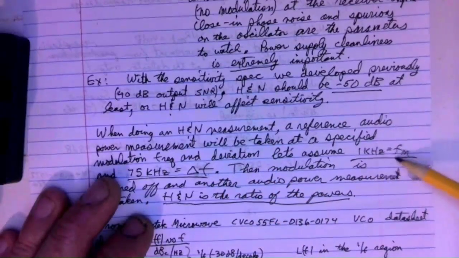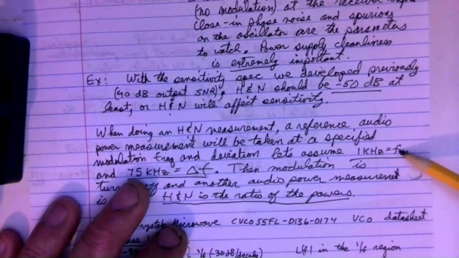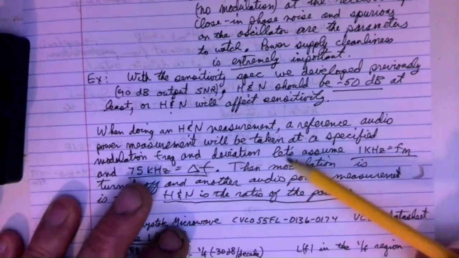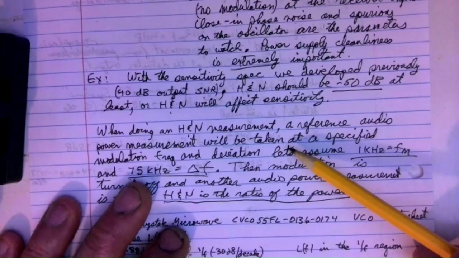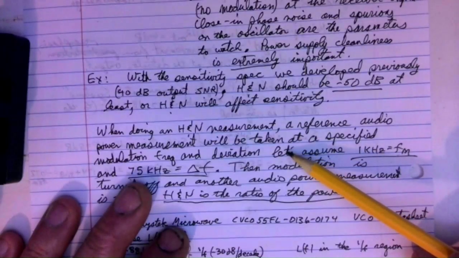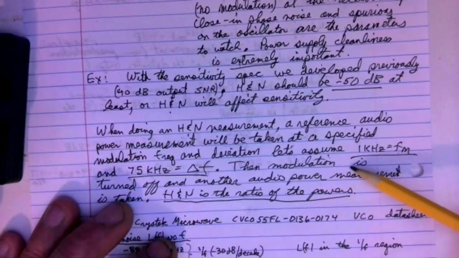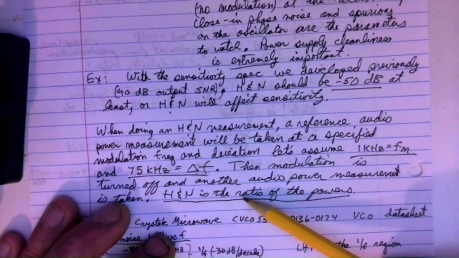Let's say 1 kilohertz for the modulation frequency and 75 kilohertz for the deviation, because this is broadcast FM. So you take a power measurement of what's coming out of the audio with this reference case. And then you shut off the modulation on this generator, and take another power measurement. And then hum and noise is the ratio of those two powers expressed in dB.